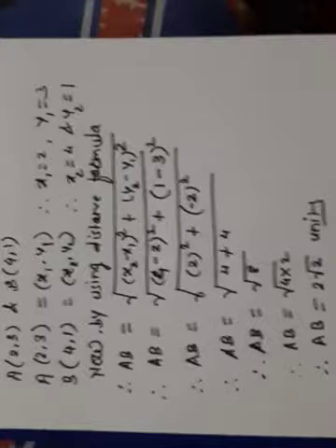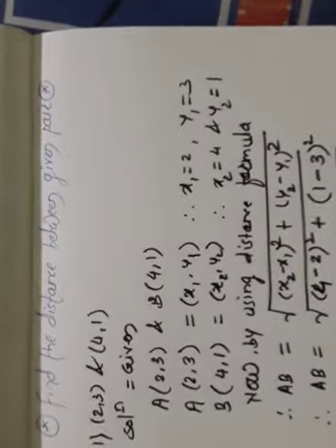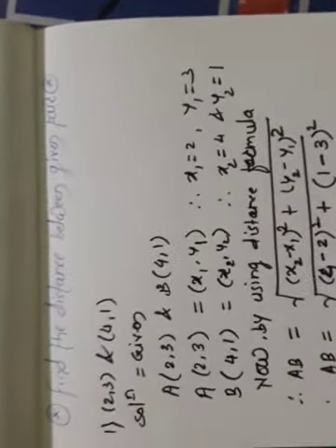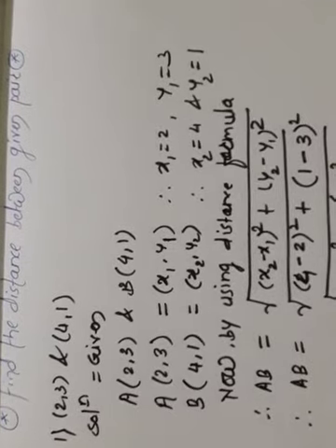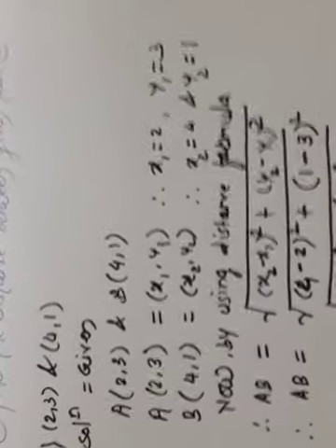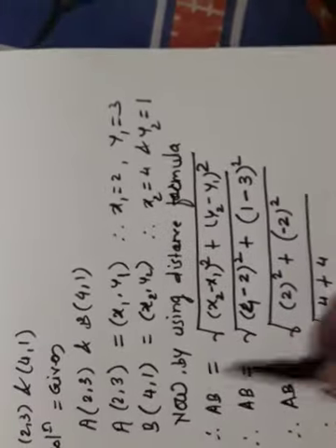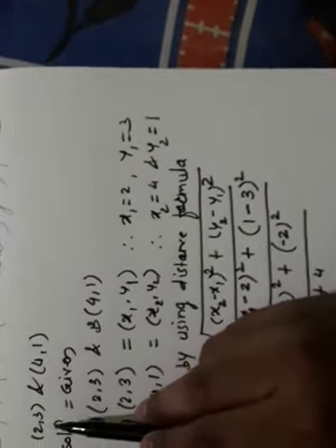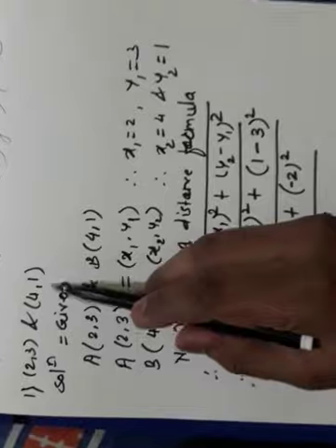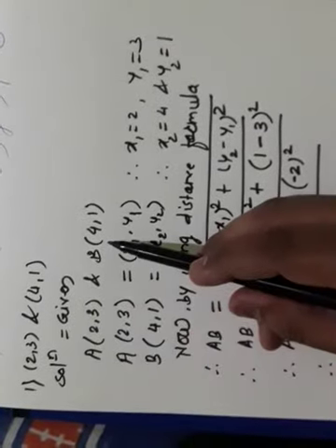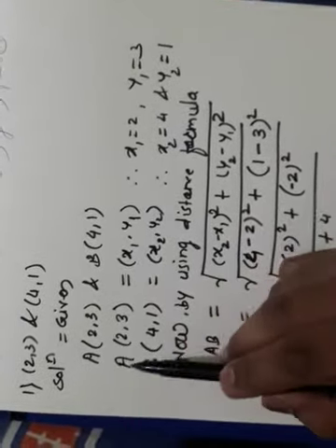Understood? Like that we have to find the distance between the given pair. Do you understand what I said? Once again I will show you on a different paper, then you will come to know what I did. Once again, 2 3 and 4 1 are given. I have considered this as A, this as B; you can consider P and Q also, no problem.